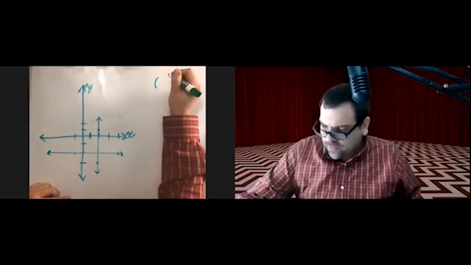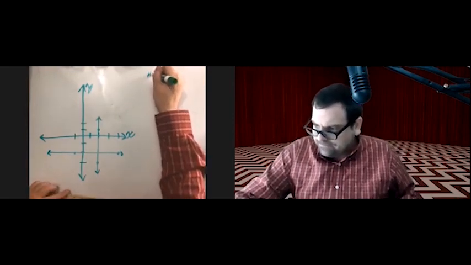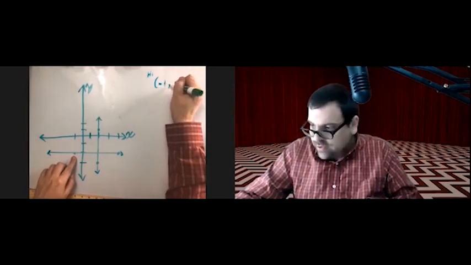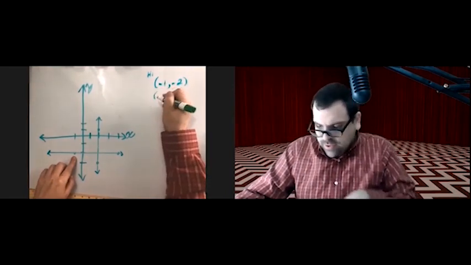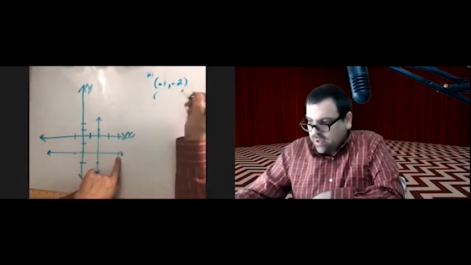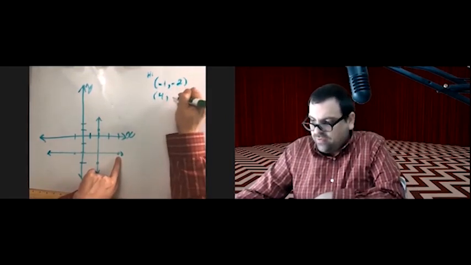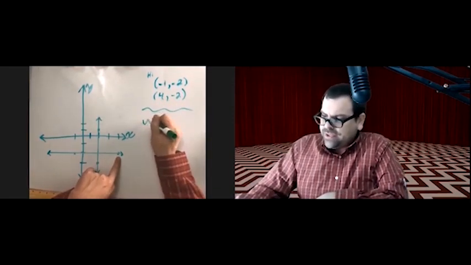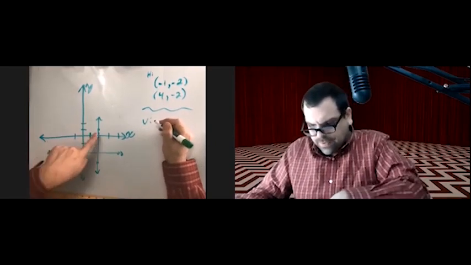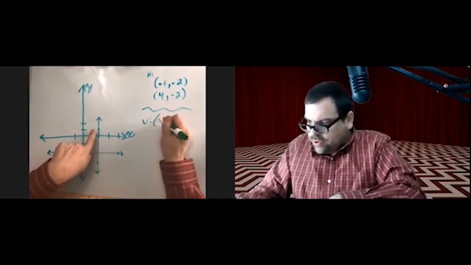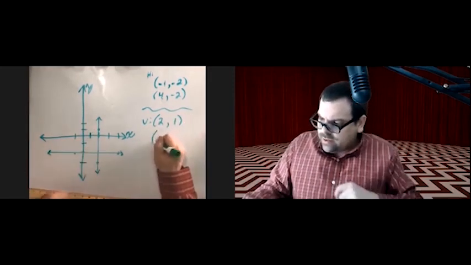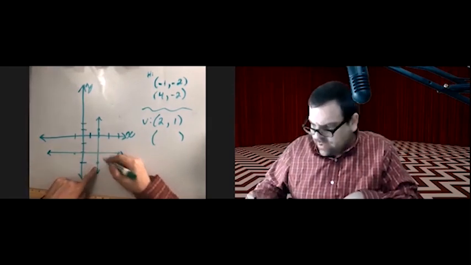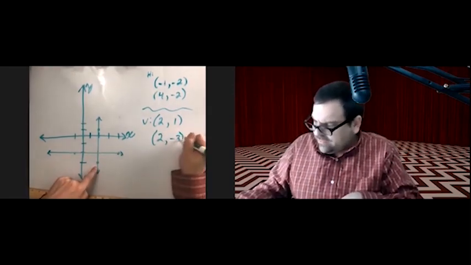The 2 points for the horizontal line, -1, -2, and +4, -2. The 2 points for the vertical line, 2, 1, and 2, -3.